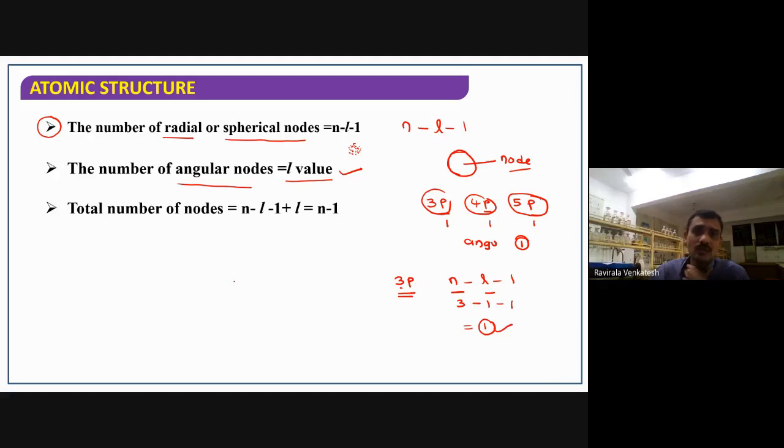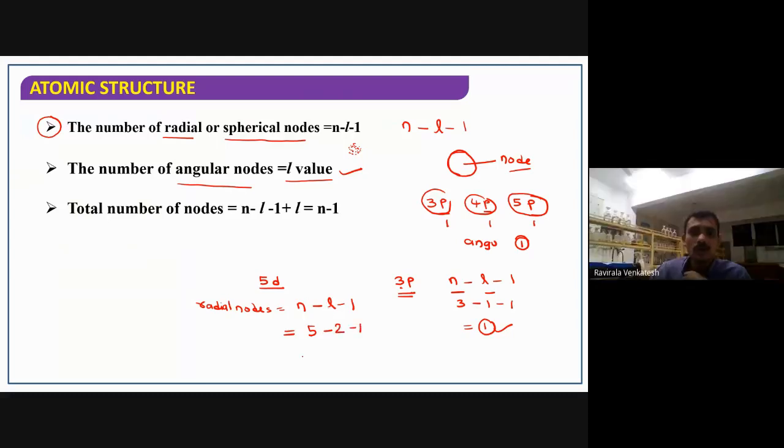For example, I want to calculate for 5d. First of all, I am calculating the radial nodes. Very simple. The formula is n minus L minus 1. n is equal to 5, and the L value for d is definitely 2 only.